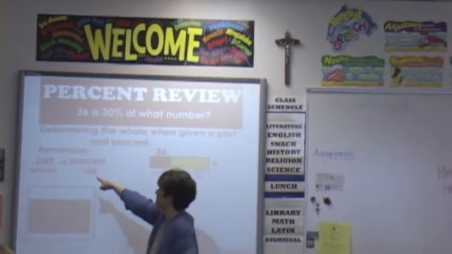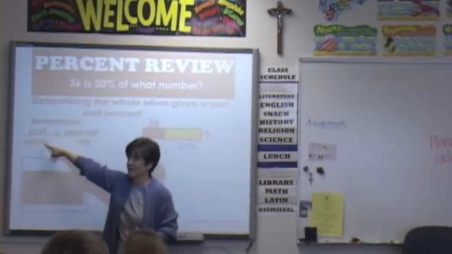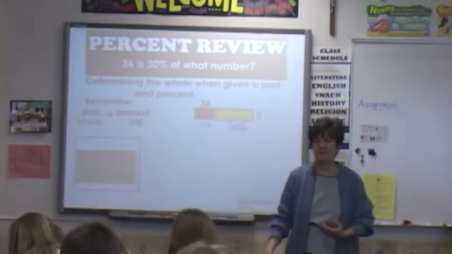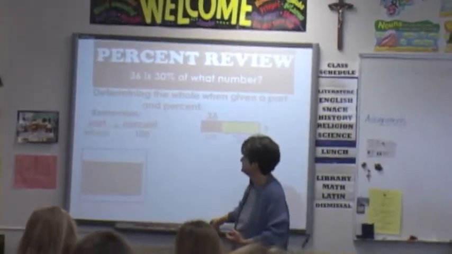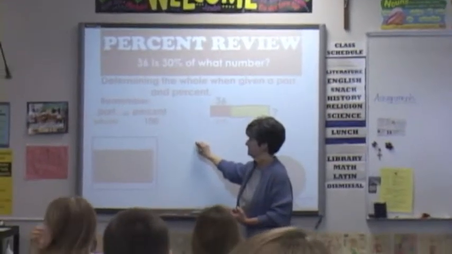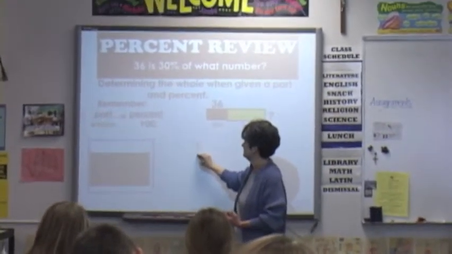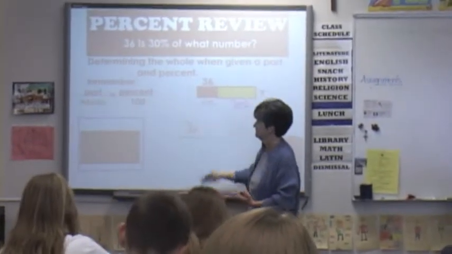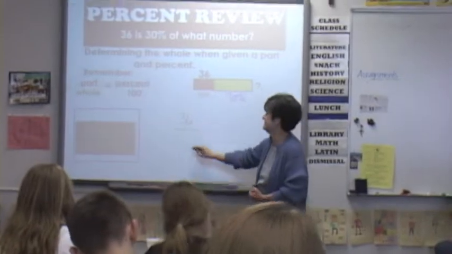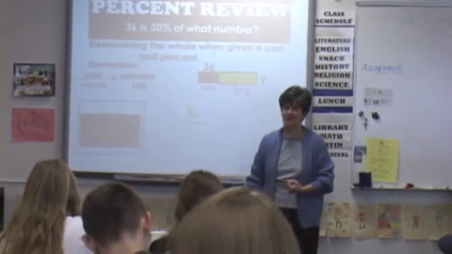But remember, we've got our plan here. Who can tell me how to set it up? Chloe, let's go. So we have a part of 36 and a whole of blank. We'll put a question mark there.